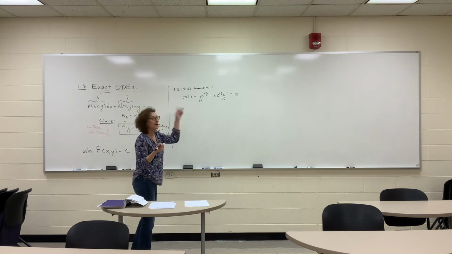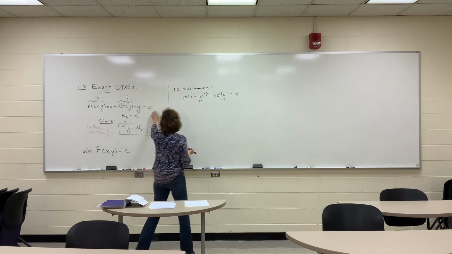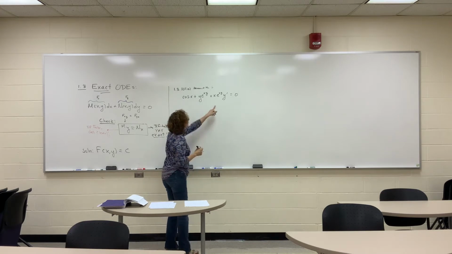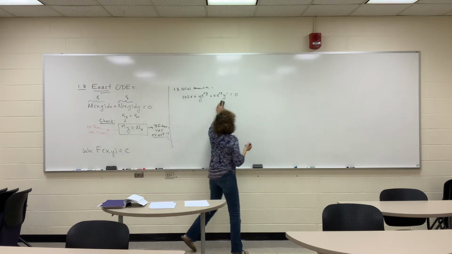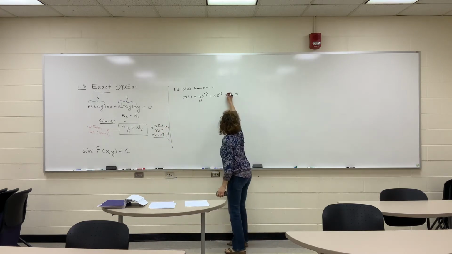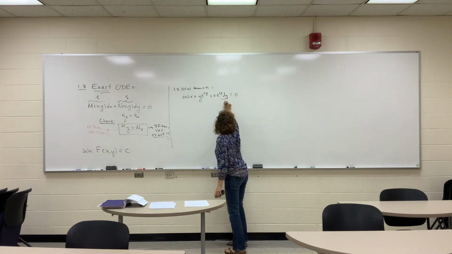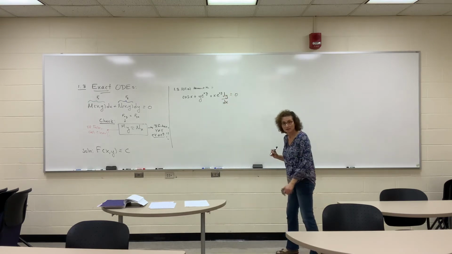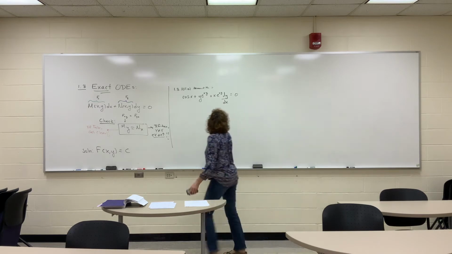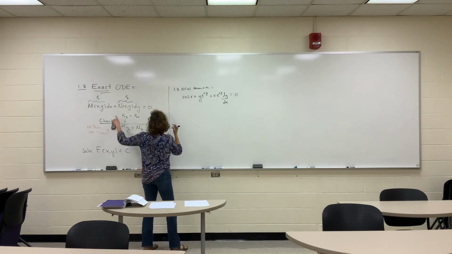So what are we going to do? We want to write it in the differential form like this first. So what does y prime mean? I'm just going to save myself some time. It means the derivative of y with respect to x. And now we want to rewrite this in this form.